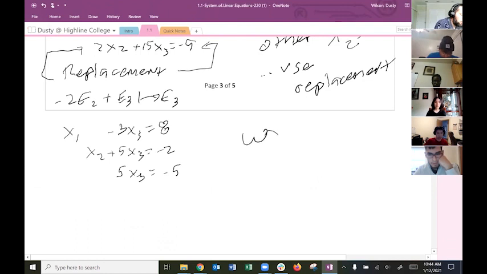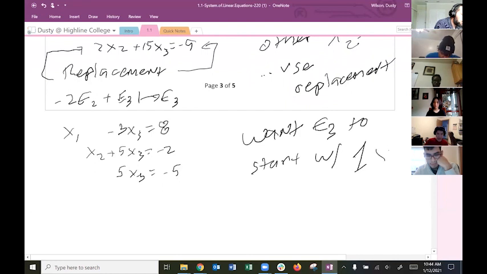So we want E3 to start with a 1x3. And since we're focusing in on the 1, in the previous time we wanted a 1, we did a swap. This time we'll do a scaling. We're going to either swap or scale.